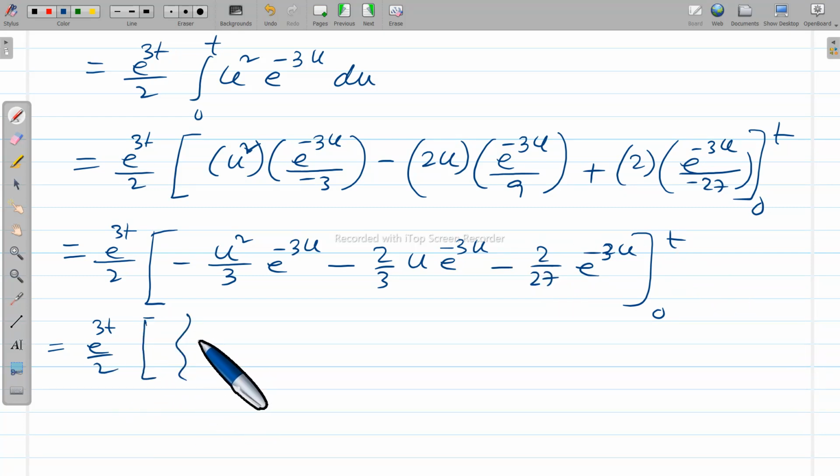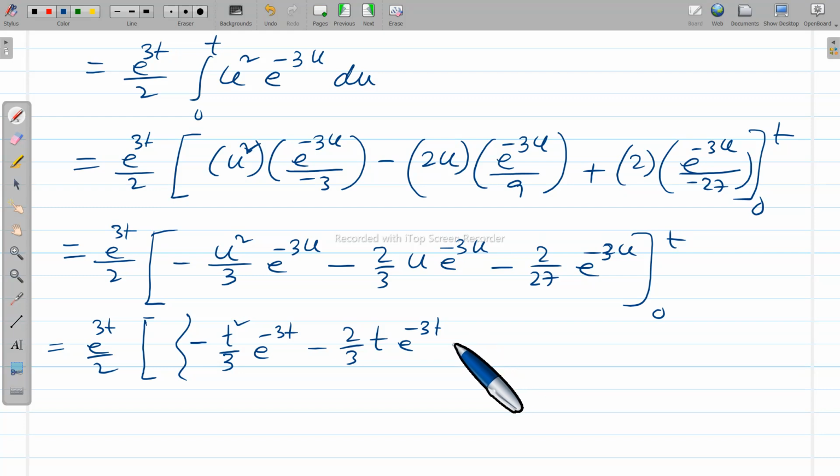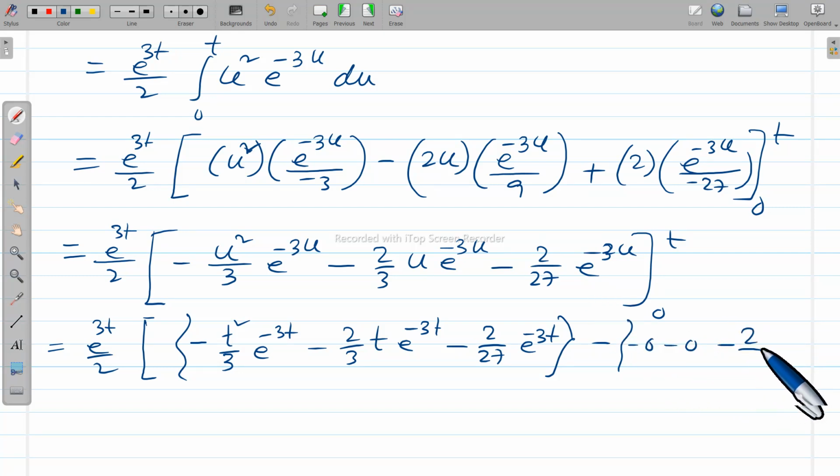If I substitute the upper limit, it is minus t square by 3 e to the power minus 3t, minus 2 by 3 t e to the power minus 3t, minus 2 by 27 e to the power minus 3t. Okay, minus the lower limit, so all u should be replaced by 0. So 0 into something means 0, 0 minus 0 minus 2 by 27 e to the power 0.